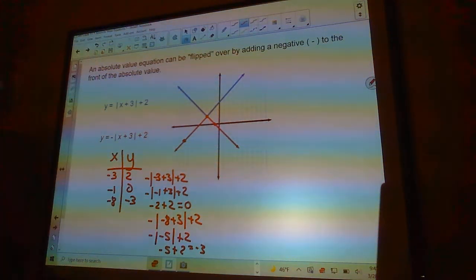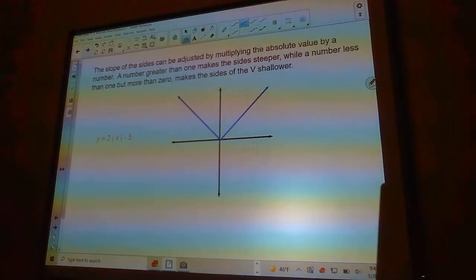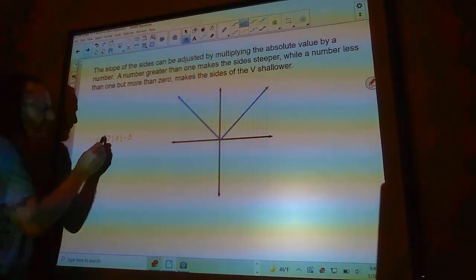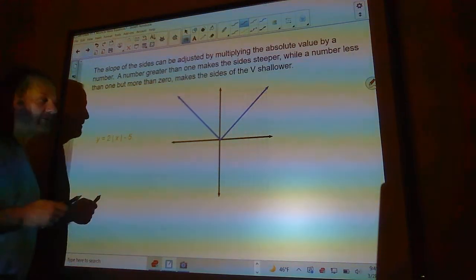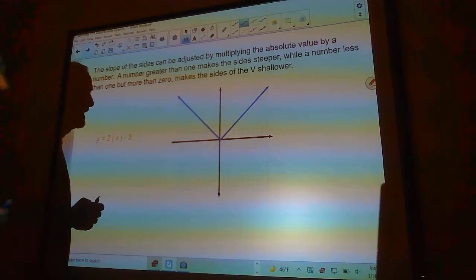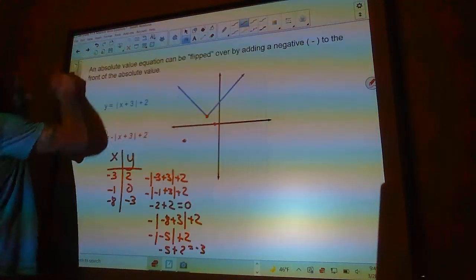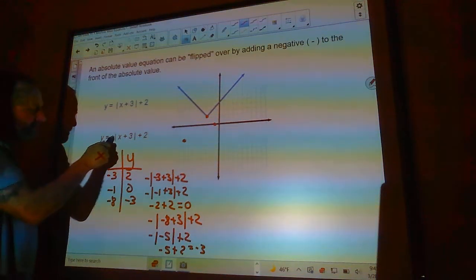Now, what happens if I put a number out here in front of the absolute value? Well, this number out here in front of the absolute value ends up being the slope of the sides. So all of these that we've done have just had no number out here.